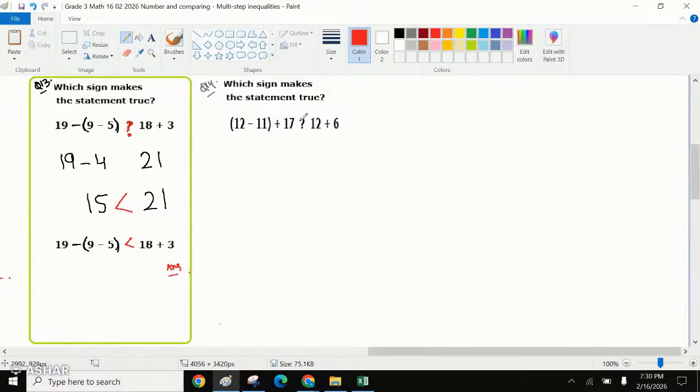And we have a question mark in the middle. 12 minus 11. 12 minus 11 is 1. Thank you so much, Semi. 17. And 2 plus 16 was 12 plus 6 was 18. We can say 18, and we can say 18.